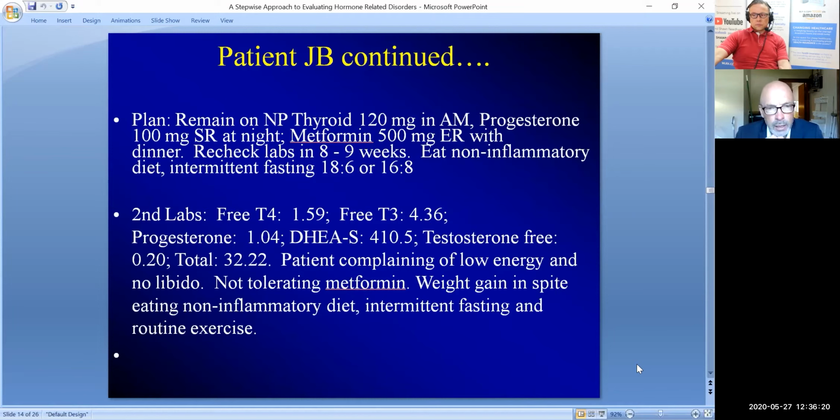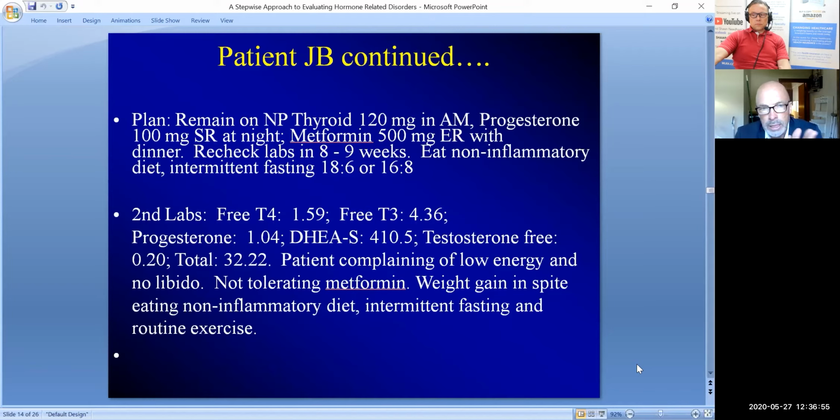And again, I'm still working with her, and because of COVID-19, we kind of fell off a little bit on getting her back in, but she's coming back in. So the plan was to remain on the NP Thyroid. Thought that was great. She's doing good there. Went ahead and added progesterone, 100 milligrams sustained release at nighttime. Metformin to really help reduce the insulin resistance, and then said, let's get back in and recheck labs in 8 to 9 weeks.